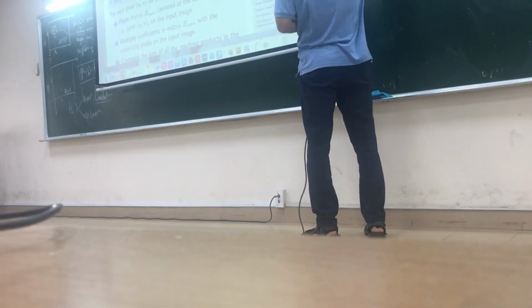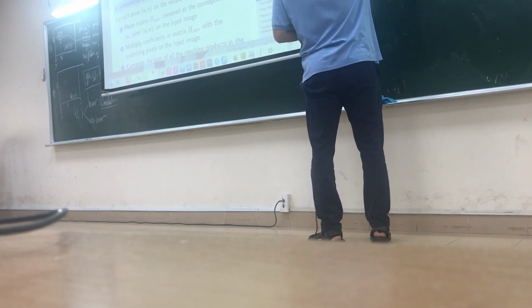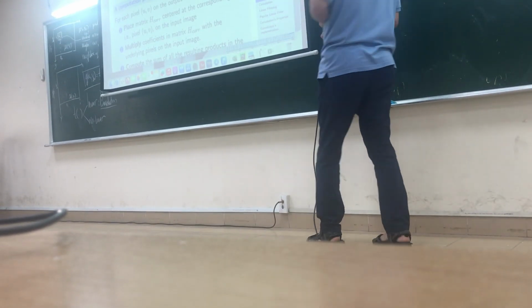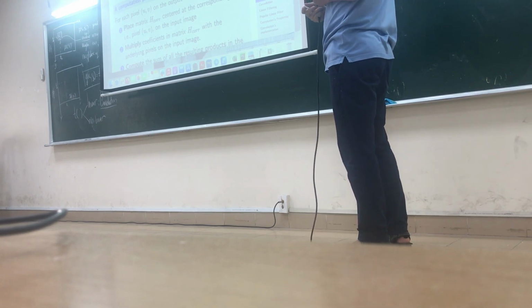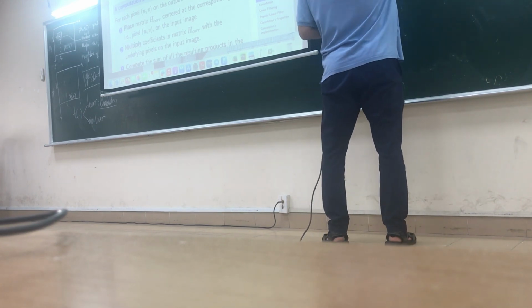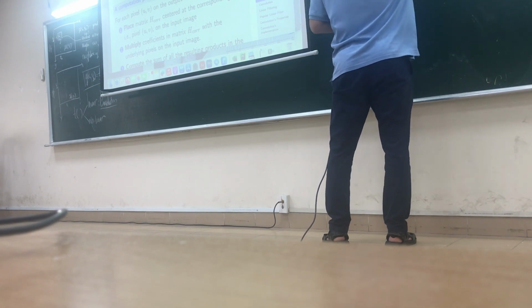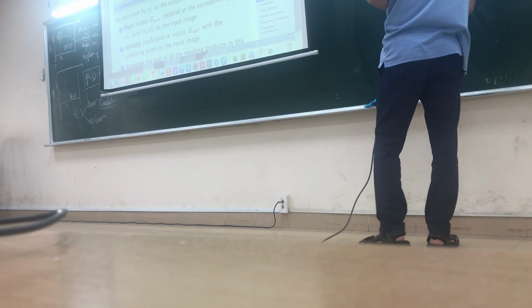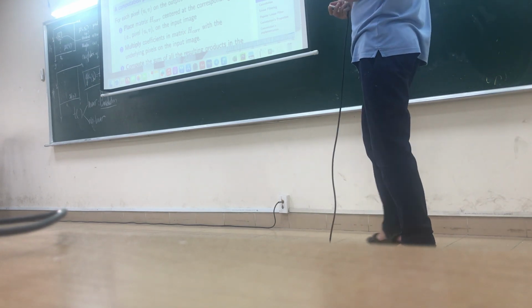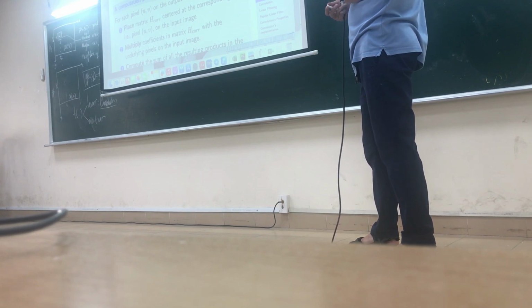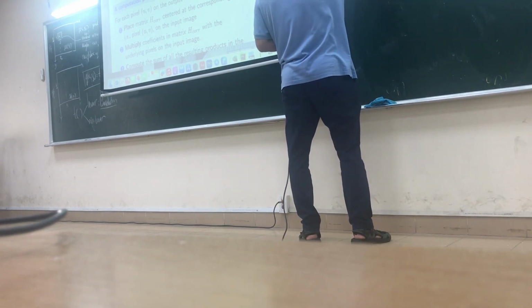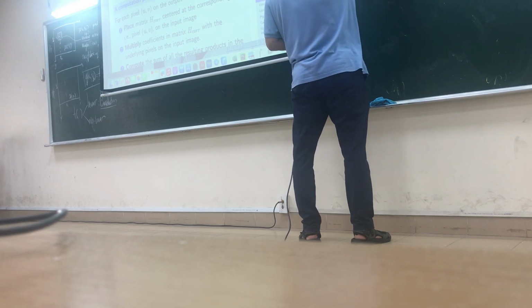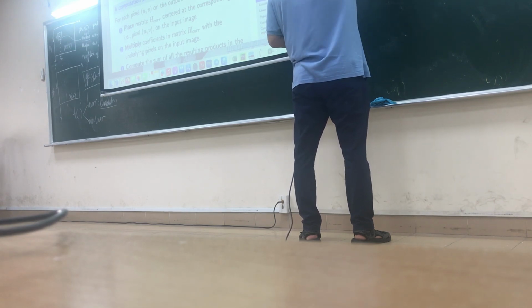I give you an example. Now I assume the window is symmetric. Window 3 by 3, so you have 9 pixels inside. I call the pixels P1, P2, P3, and so on.